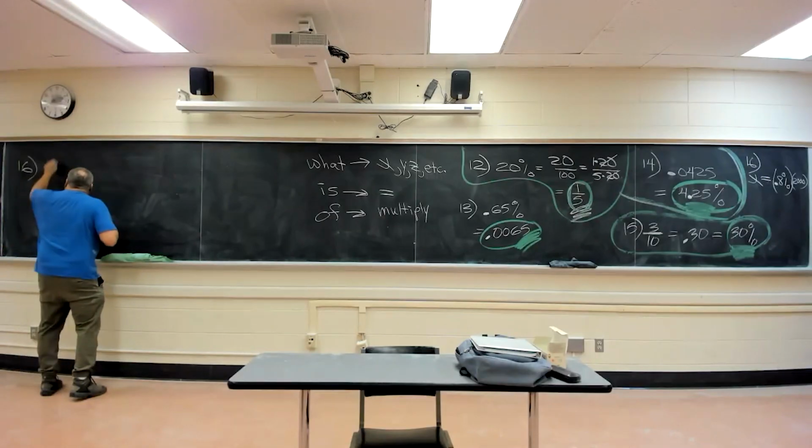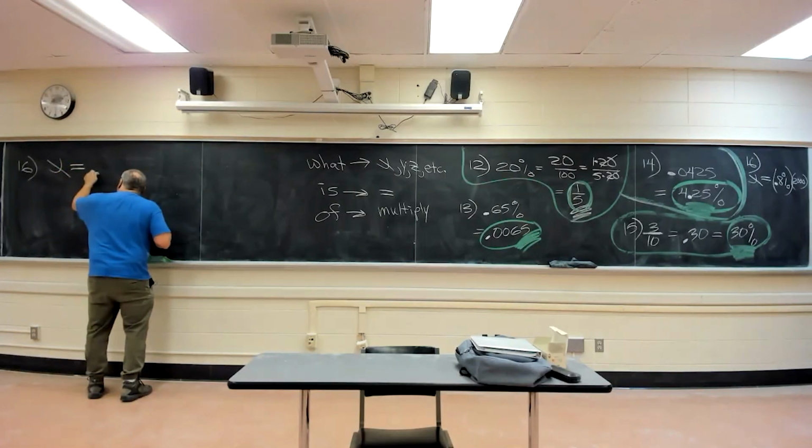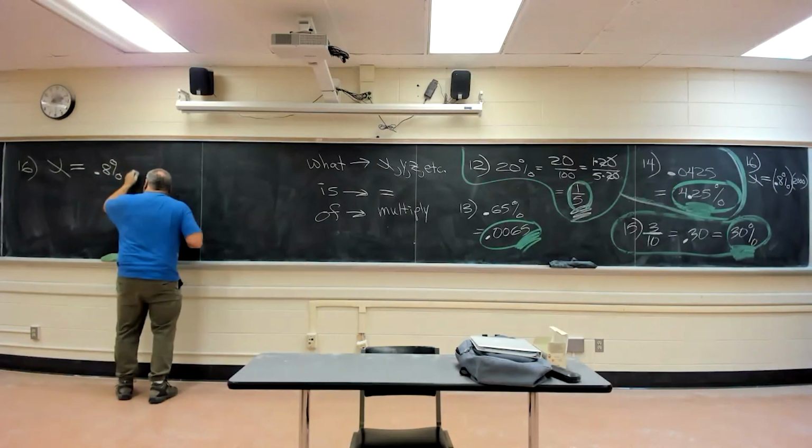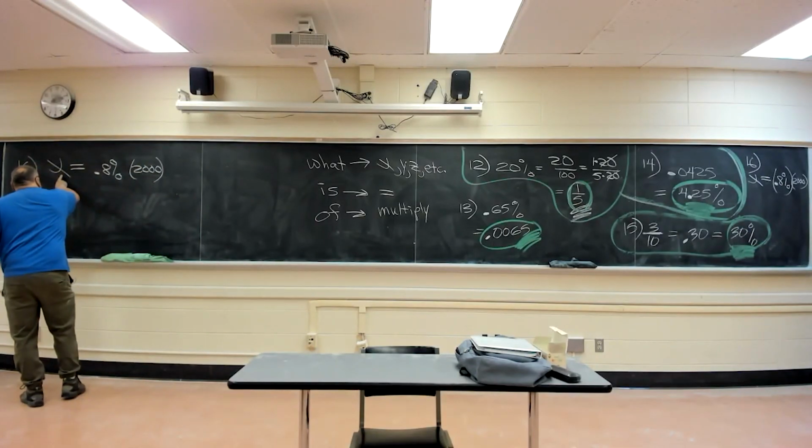Basically, they're saying what amount of uranium is present if 0.8% of an ore of 2,000 kilograms will give you the amount that's present?